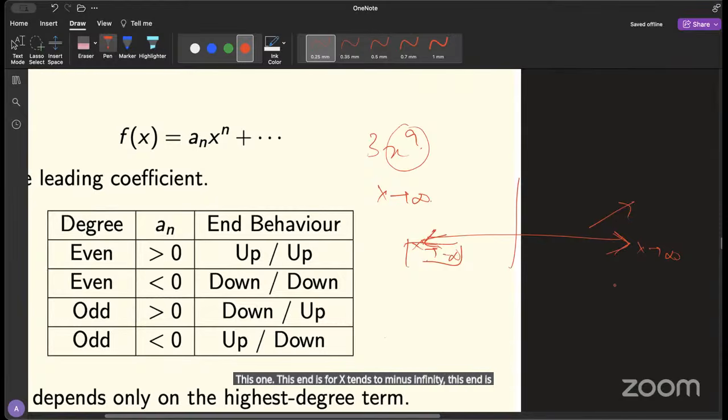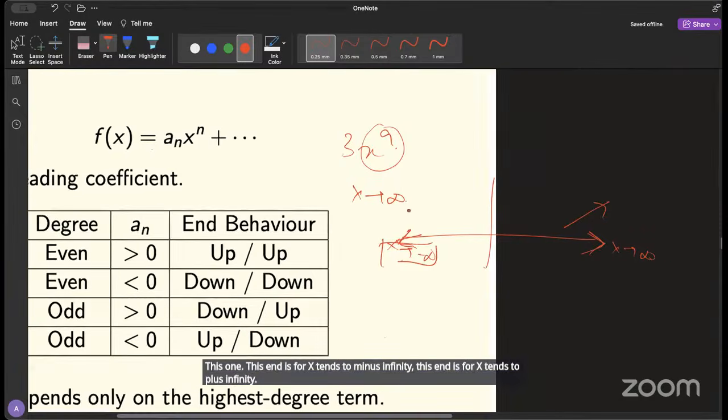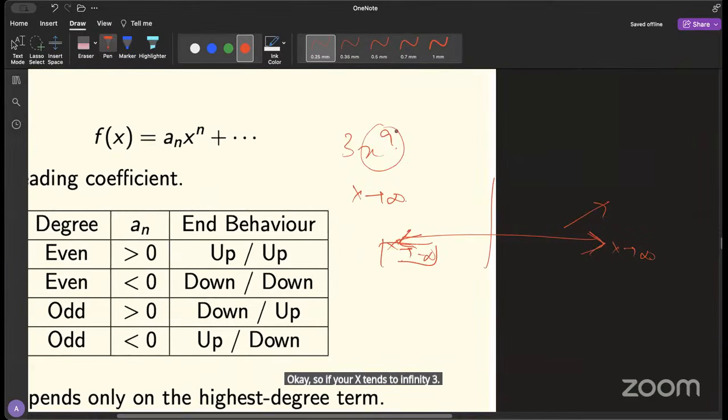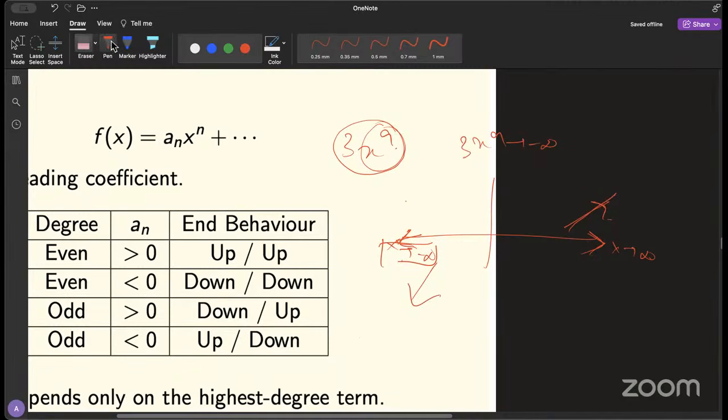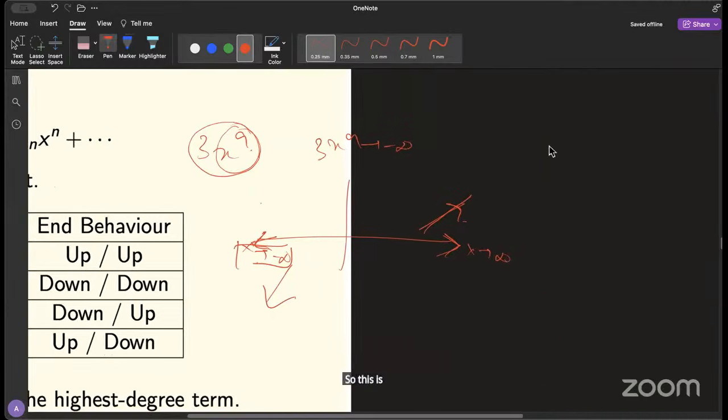This end is for x tends to plus infinity, right? So if x tends to infinity, the polynomial with leading term 3x to the power 9 will go here on the right side, and on the left side, when x tends to minus infinity, x to the power 9 will tend to minus infinity, and 3x to the power 9 will also tend to minus infinity. So it will go like this. So this is the 3x to the power 9 case.